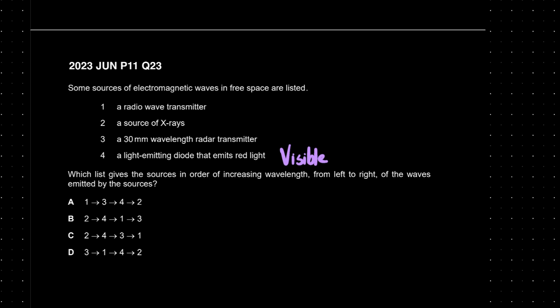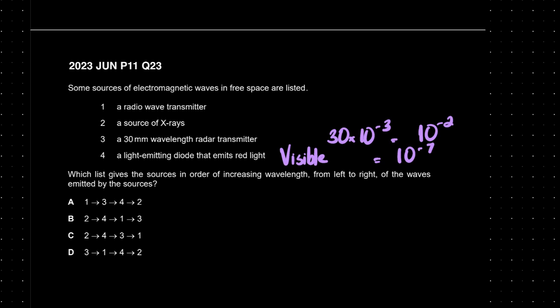So if we do standard form here, 30 mm means 30 into 10 to the negative 3, right? Thinking about the order of magnitude, this is 10 to the negative 2. Visible light is 10 to the negative 7 meters.